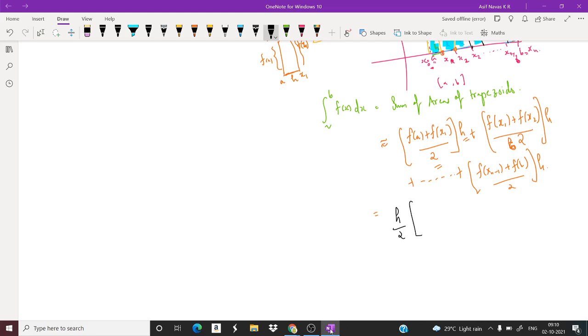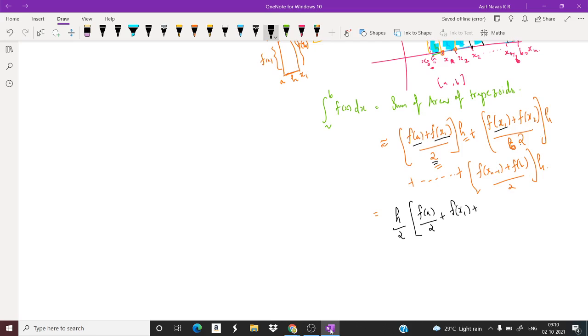Now f of a is only one, right? So I am taking f of a by 2, plus here f of x1 by 2, and here also f of x1 by 2. So f of x1 by 2 plus f of x1 by 2 is f of x1.